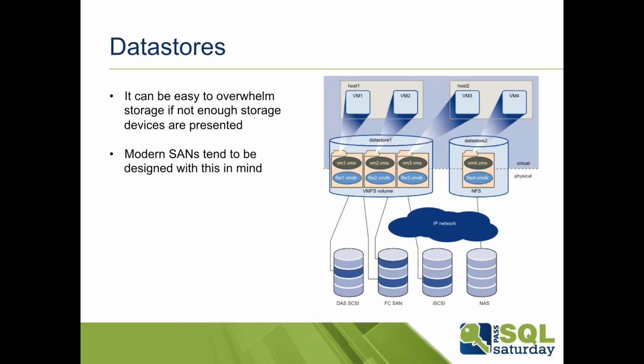So if you're trying to implement a virtual environment and you're on a really old cheap SAN, like an old Dell EqualLogic, you're probably not going to be really happy if you're trying to throw high performance workloads at it. Storage is probably the most critical part of any virtual infrastructure. It's always our biggest limiting factor in database performance, but it's definitely part of the problem in a virtual environment.